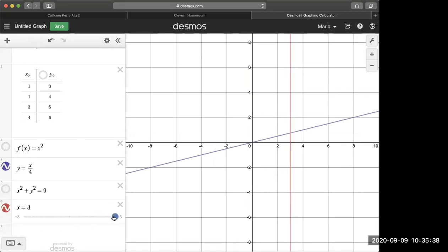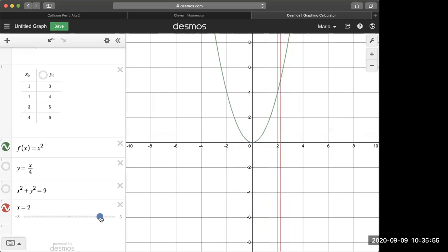Whereas this is a function, because no matter where I move that vertical line, I'm only going to intersect the purple graph once, even if I continued and went further. Or with x squared, this is a function, because the vertical line would only touch the graph one time.